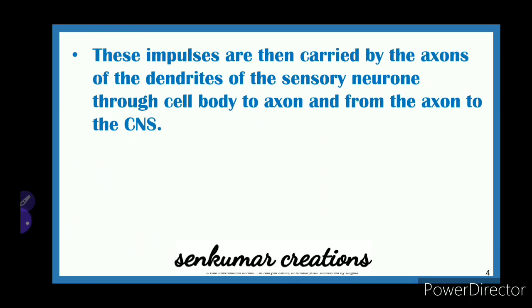These impulses are then carried by the dendrites of the sensory neuron, through the cell body to the axon, and from the axon to the CNS. CNS means central nervous system.